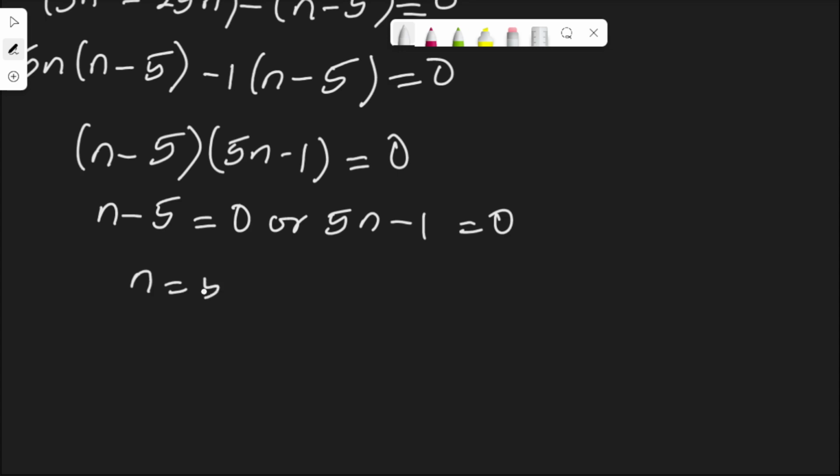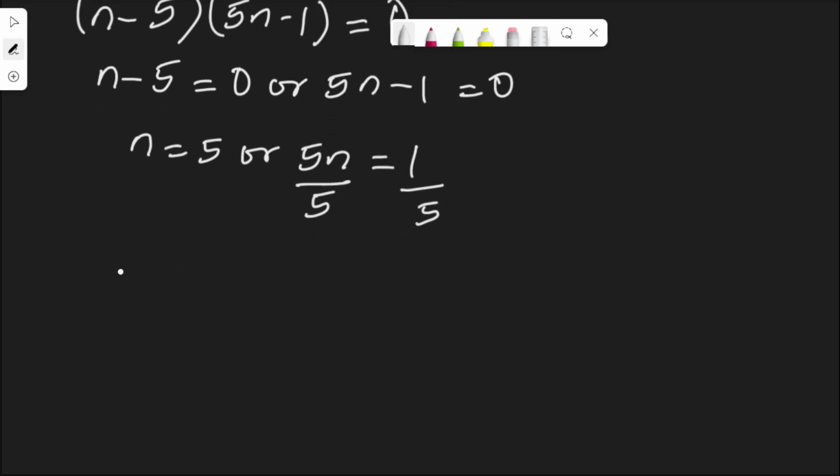n therefore is 5, or 5n equal to 1. Moving this to the other side, dividing both sides by 5 here, we have n to be 5 or 1 over 5.